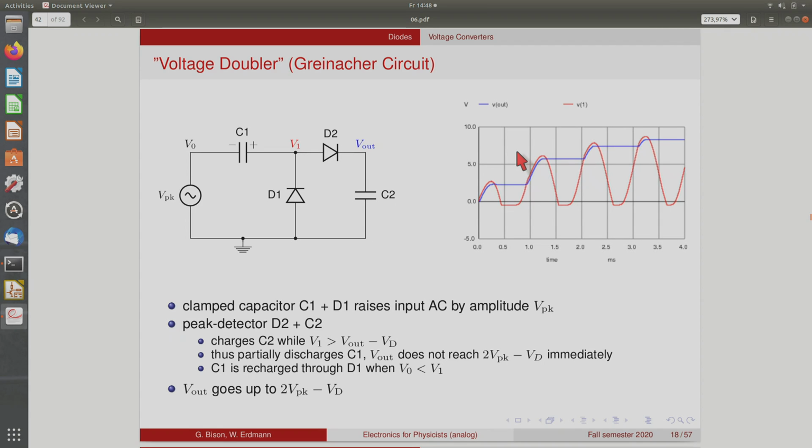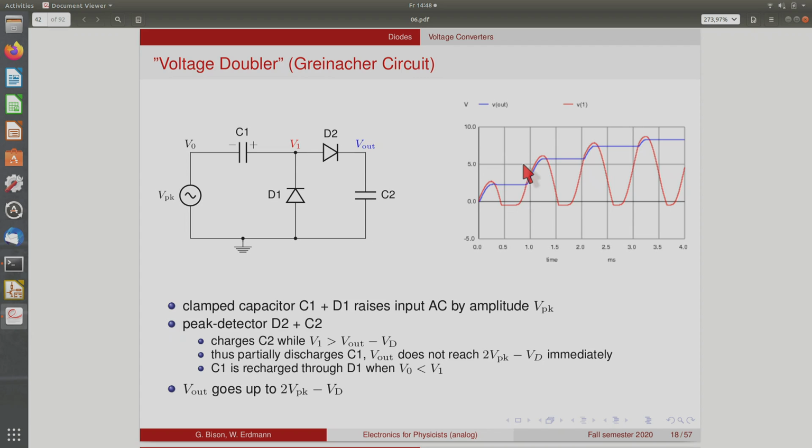Now, you add to this a rectifier or a peak detector, which takes this red voltage and peak detects it, right? So the output here will always get stuck at the peak voltage of this part of the circuit, okay? So this then slowly approaches twice the input voltage.